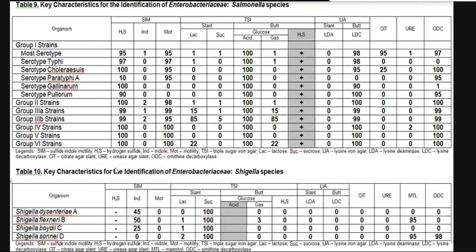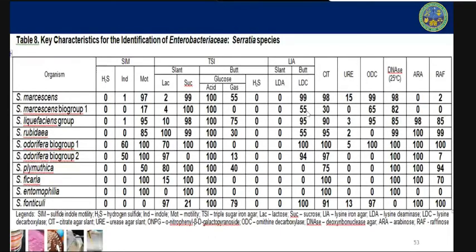Okay, for Salmonella, again, the more common or important organism here is typhi. Usually you have minimal precipitation of H2S in the stub area of the TSI. Then you have Shigella there, and then for Serratia, you have this one.